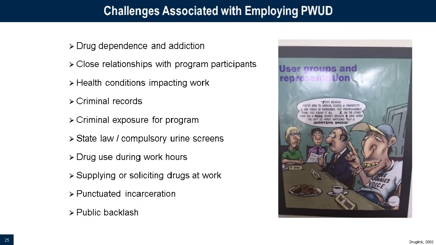We know that people who are arrested for minor offenses often can spend 2 or 3 days in jail and then released and not even charged. And this is hard to keep employment with. This has been one of the arguments made against punitive drug laws, that people are being arrested and held for a certain number of days and they're not able to hold on to jobs because of this. And also the public backlash about hiring people who actively use drugs as well.